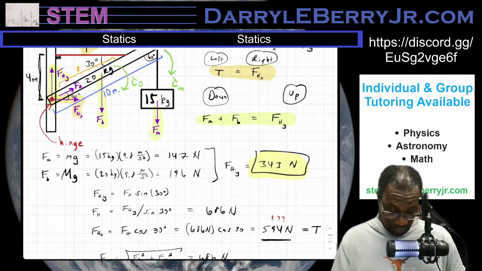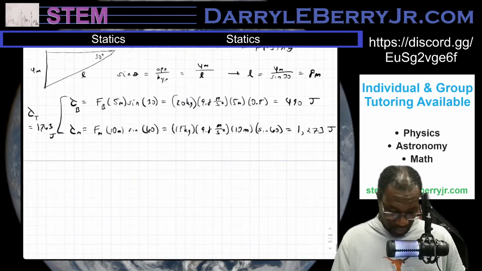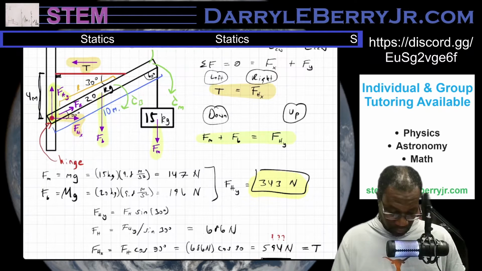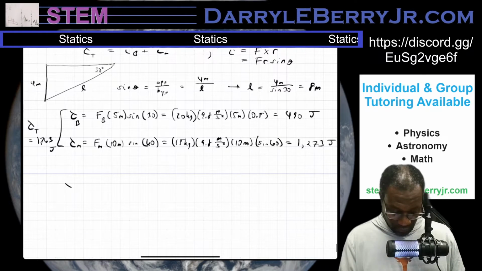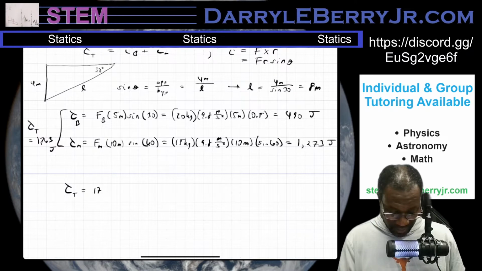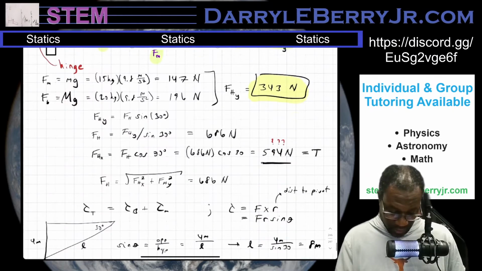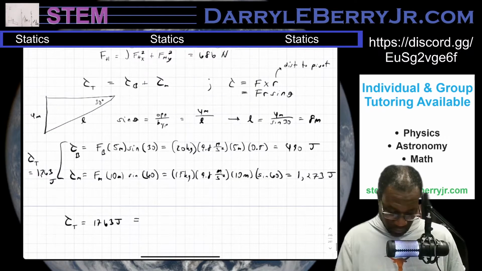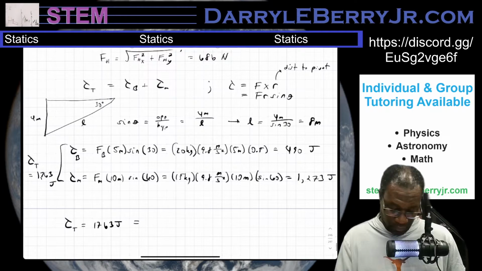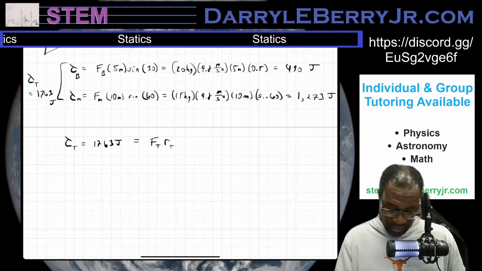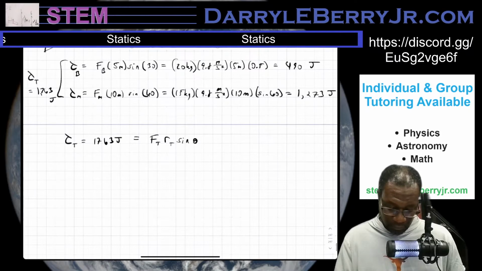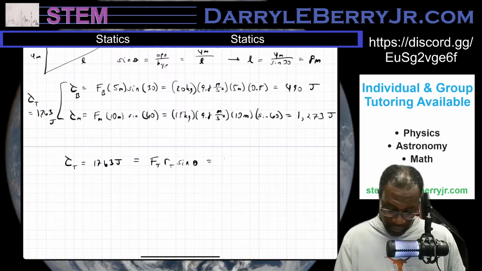Right. So what can we do with this? Tension T is 1,763 joules, which equals R T sine theta, which equals T R T sine theta.